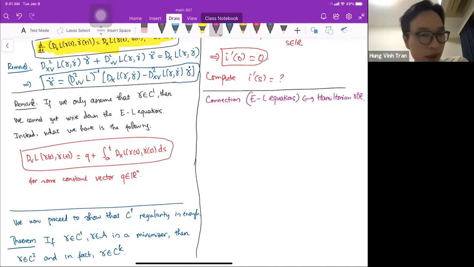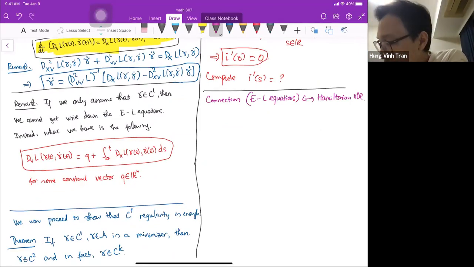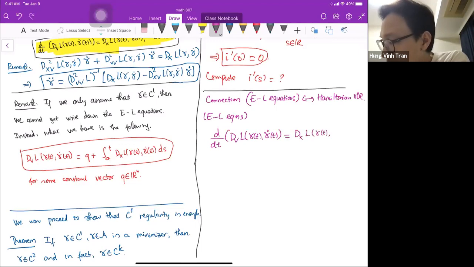Surely we're going to recall this a lot more later on, but for now I want everything to be clear here. So again, the Euler-Lagrange equation reads d over dt of dv L gamma t gamma dot t equals dx of L gamma t gamma dot t.